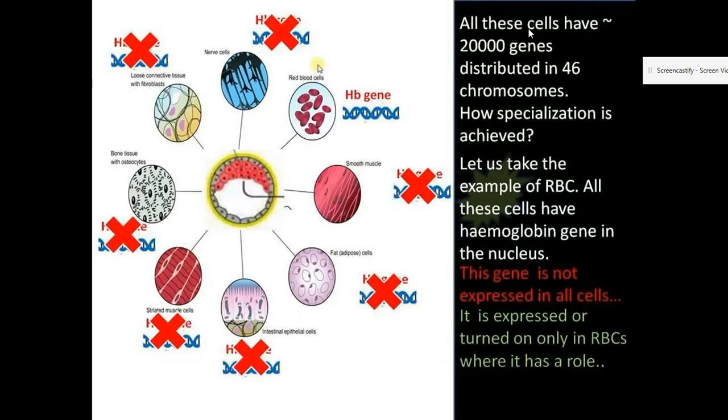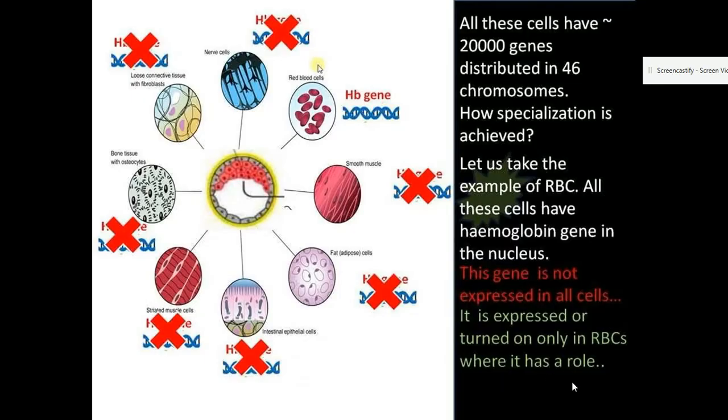All right, so all these cells have 20,000 genes distributed in 46 chromosomes. How does specialization happen? Let us take the example of RBC. All these cells have the hemoglobin gene in the nucleus. This gene is not expressed in all cells. It is expressed or turned on only in RBC, where it has a role.